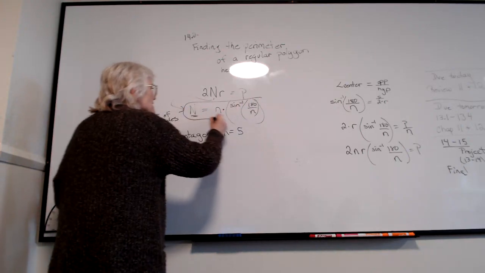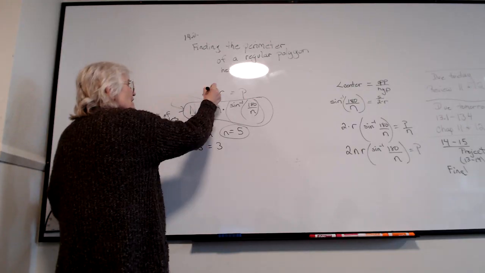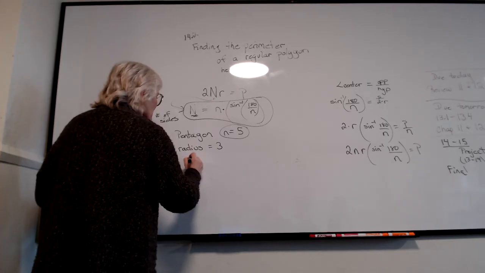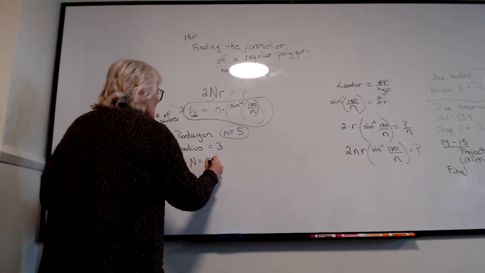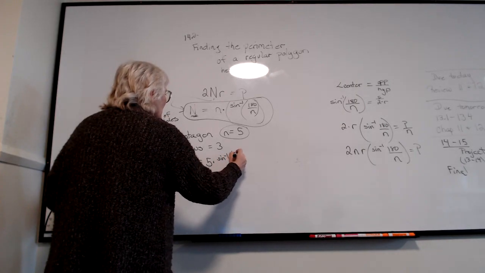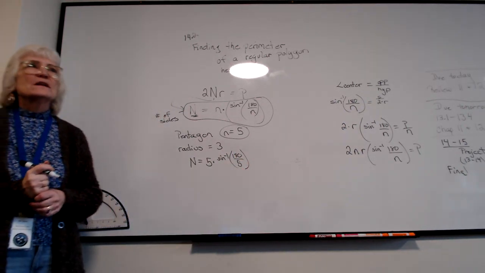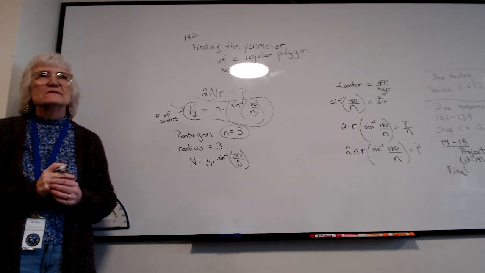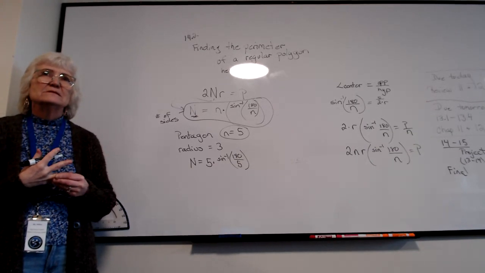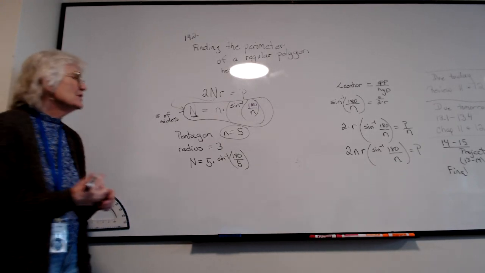Based on the number of sides, we find out what this value big N is. So N is going to equal 5 times the inverse sine of 180 divided by 5. What is 180 divided by 5? 36.